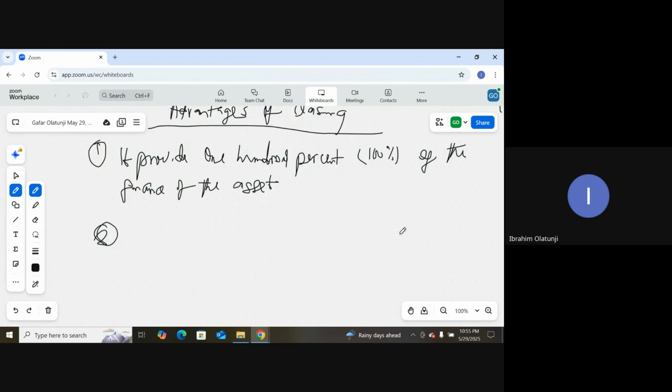So the security for the lease is the asset itself. Is it clear? Let me put it down. Security.